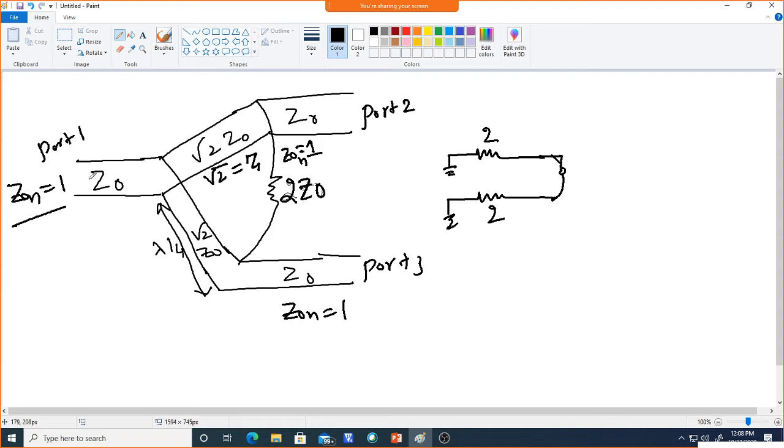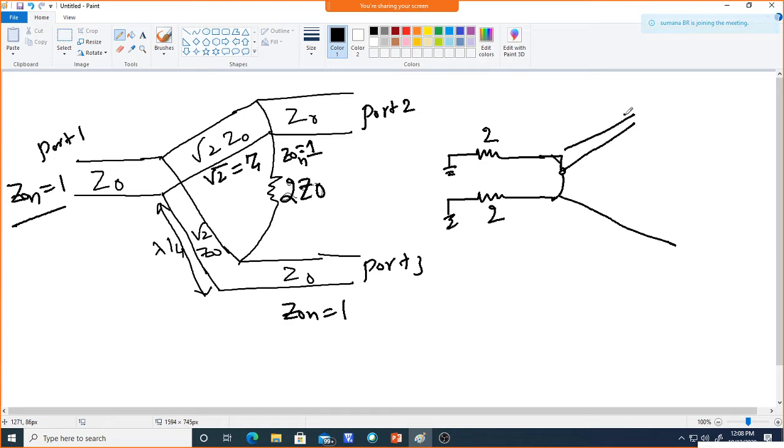Since the port is normalized to 1, we divide this port into two resistors having values 2 and 2. With this parallel combination, the resultant becomes 1, again the normalized one. In a similar way, you connect the port values, which have root 2.